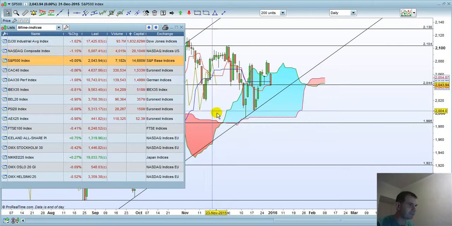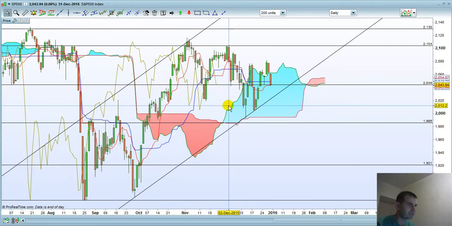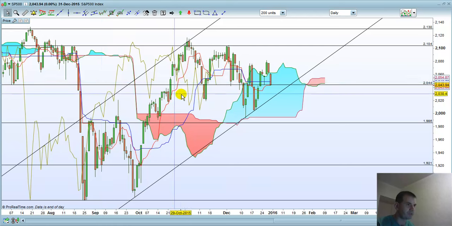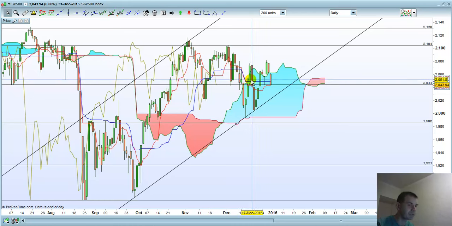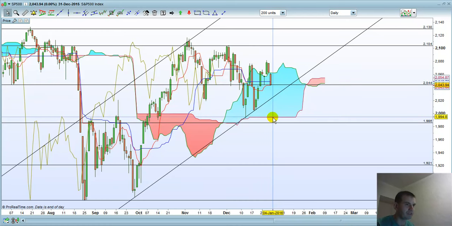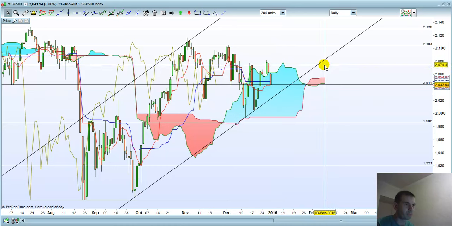Next index is Standard & Poor's 500 index. So the picture here is similar to previous charts. Price is moving sideways and now declines within the cloud. It starts to break down the Tenkan-sen line and direct it to the lower border of the channel.